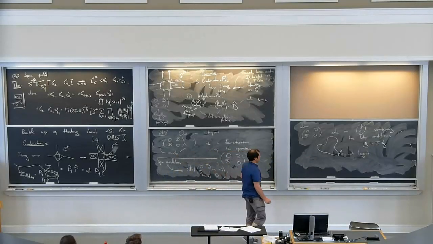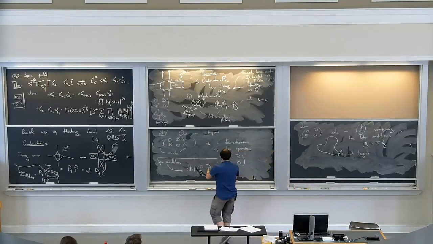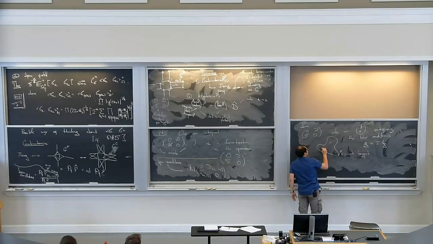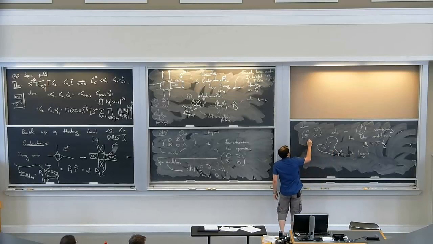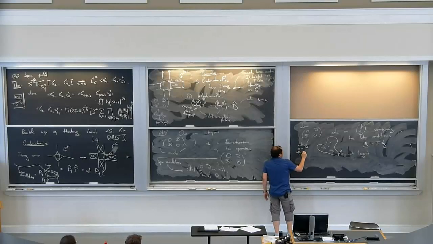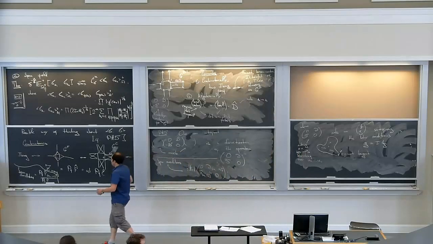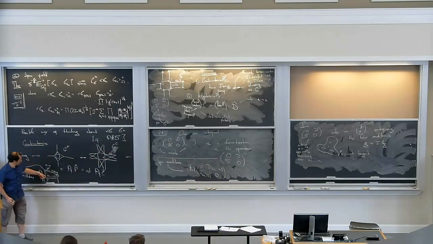I should also say what happens with the punctures. You should think about this operator as acting on spinors branching over u1, ..., uM. Because what does the introduction of these minus signs mean?